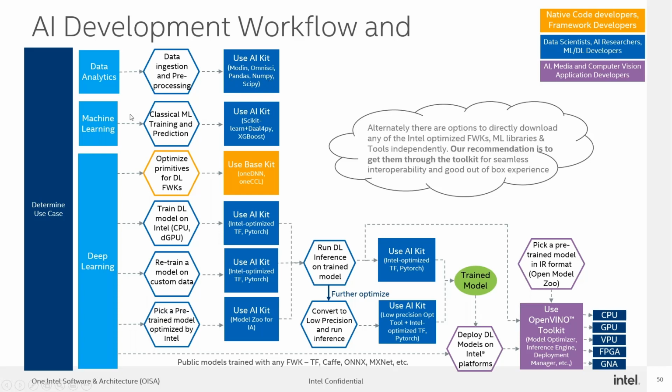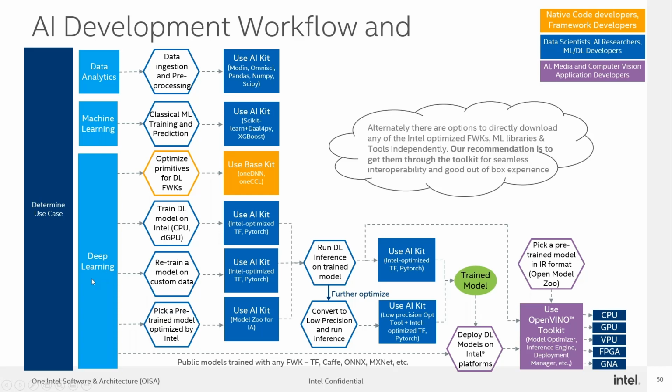If you would like to accelerate your classical machine learning workloads, then you can use the Intel optimizations for scikit-learn, for XGBoost, and also DAAL, the Intel-specific machine learning acceleration library provided in the AI kit.